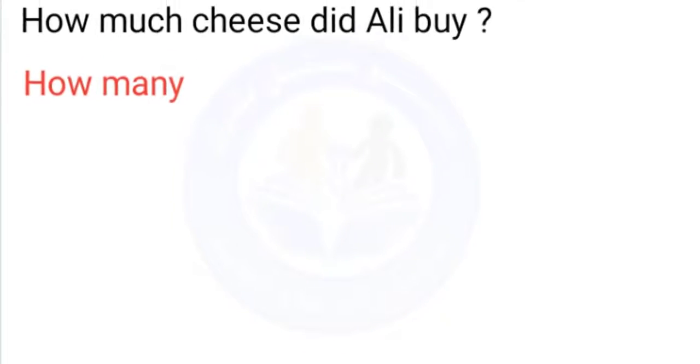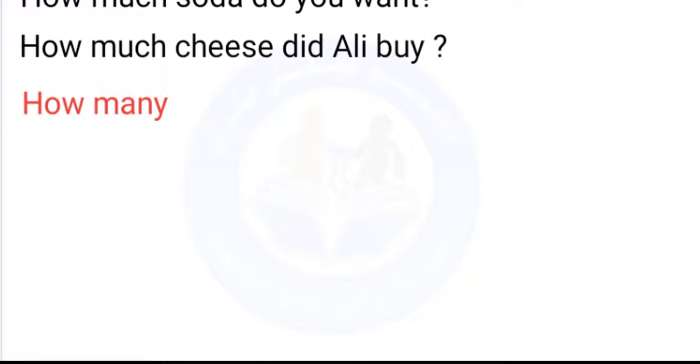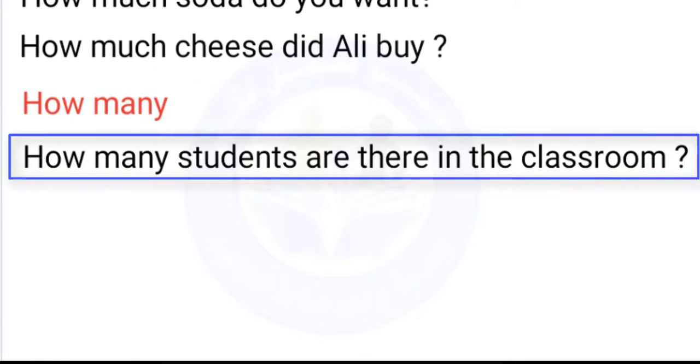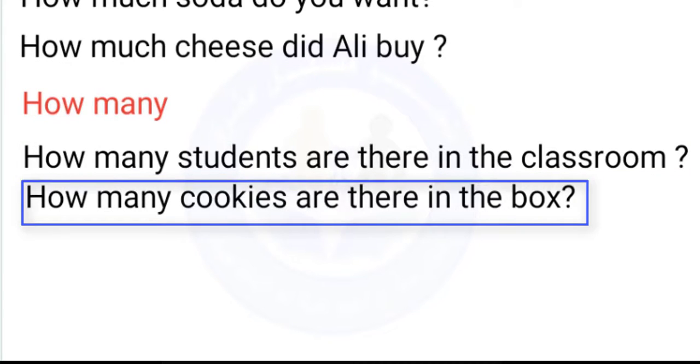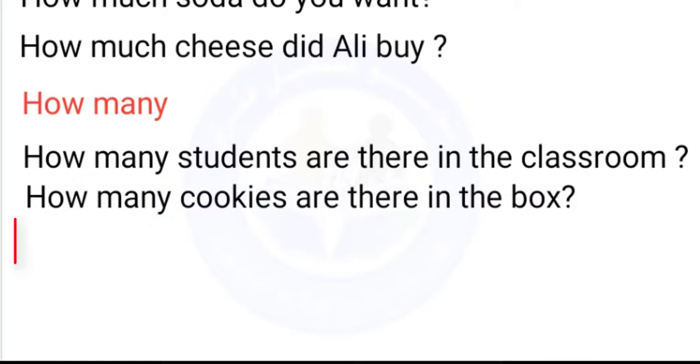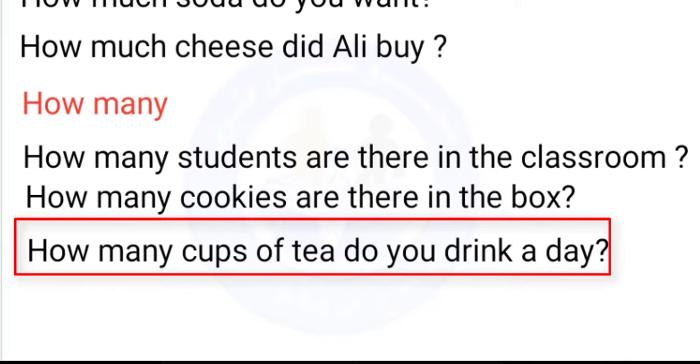What about how many? Let's have a look at the examples and then deduce. Number 1. How many students are there in the classroom? How many cookies are there in the books? And how many cups of tea do you drink a day?